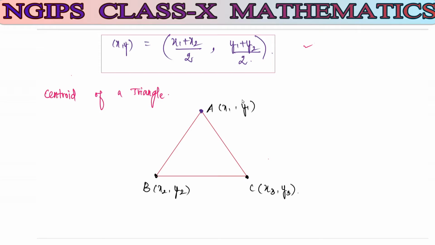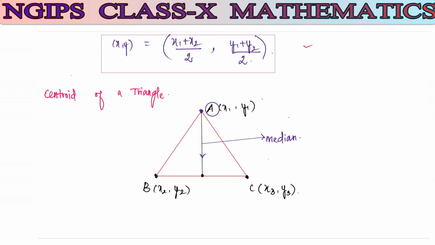Now a straight line joining a vertex of a triangle to the midpoint of the opposite side is called a median. I have drawn a straight line from a vertex to the midpoint of the opposite side, which here is BC. This line is called a median.